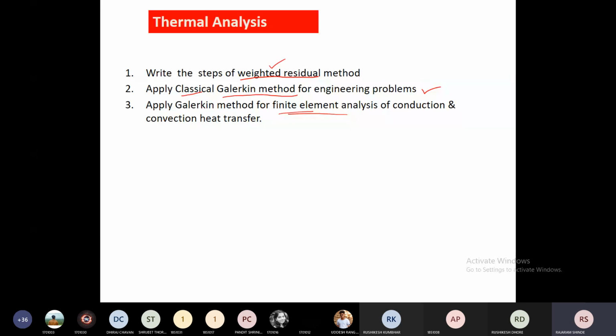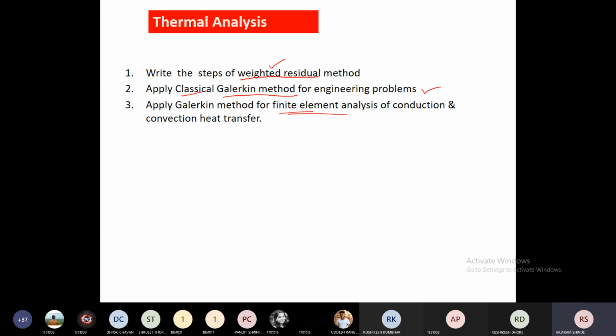If you have doubts, you can ask me at any time, you can stop me at any time. I have given a lot of lectures on thermal analysis in colleges and outside the college also, so take the benefit of this and try to understand.